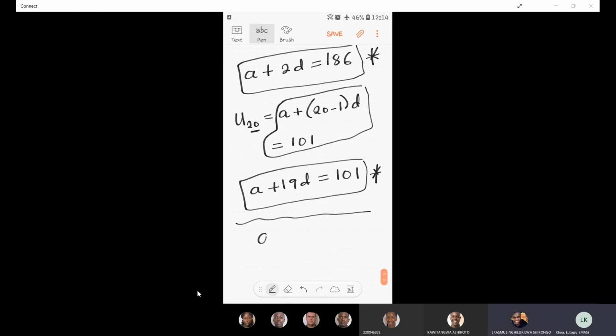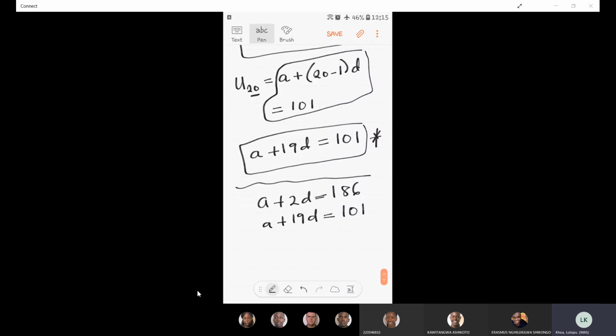So I have A plus 2D, this is equal to 186. And then I have A plus 19D, this is equal to 101. So here I'm going to use elimination because the coefficients of A are the same and the signs are the same, so I need to subtract.